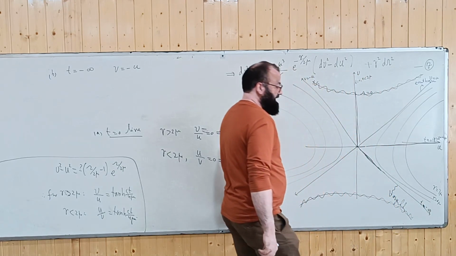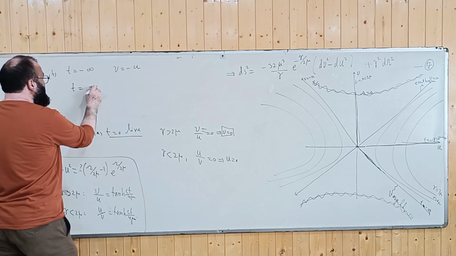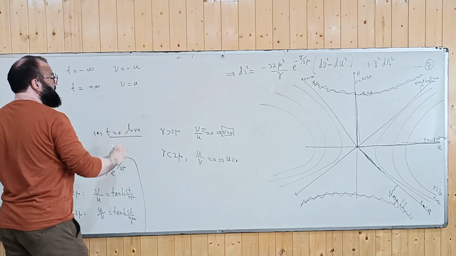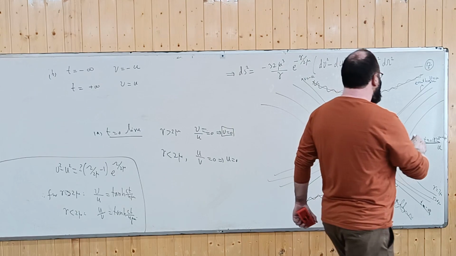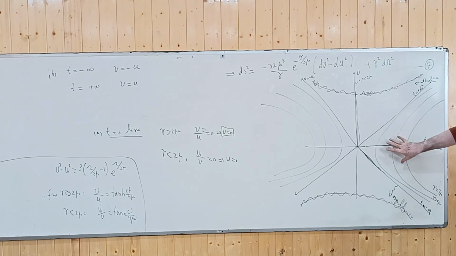The asymptote. Okay. And similarly you can take t equal to plus infinity, that's v equal to u line. This very line is our t equal to plus infinity. Now look here. This region is from t equal to minus infinity to 0, so all the other t lines are within this very region.